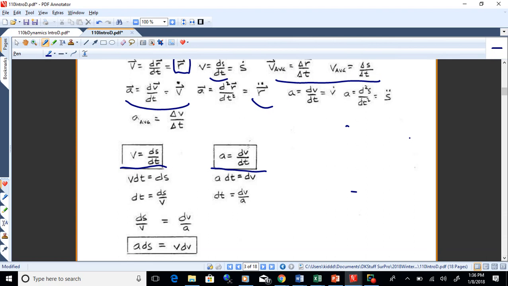Using the right-hand equation here, the change in time is the change in velocity over the acceleration. You can then set ds over v equal to dv over a, cross multiply to solve, and get a third relationship that doesn't involve time. A ds is v dv. So the acceleration times the instantaneous change in displacement is velocity times the instantaneous change in velocity.